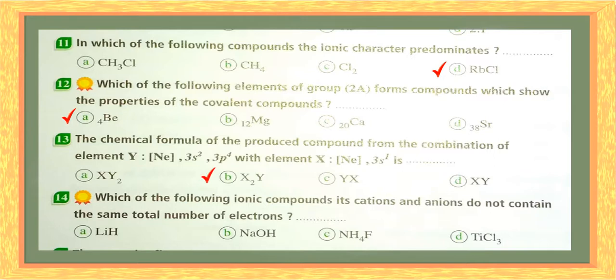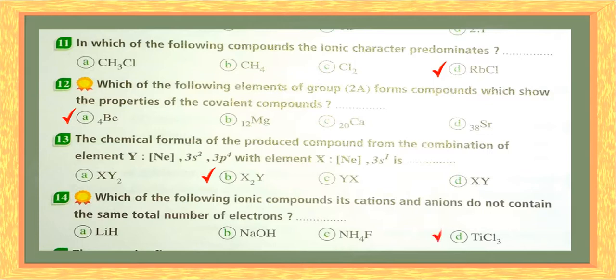Okay, let's go to question 14. Which of the following ionic compounds has cations and anions that don't contain the same total number of electrons? We have lithium hydride, lithium contains 2, and hydrogen contains 2 also.